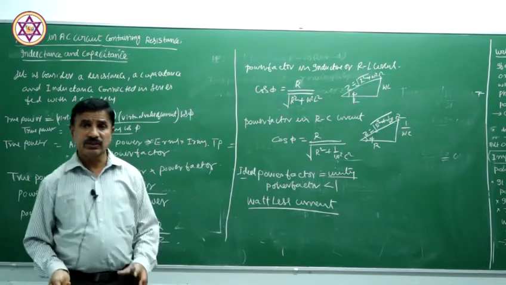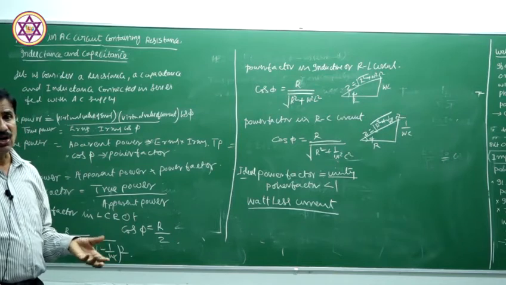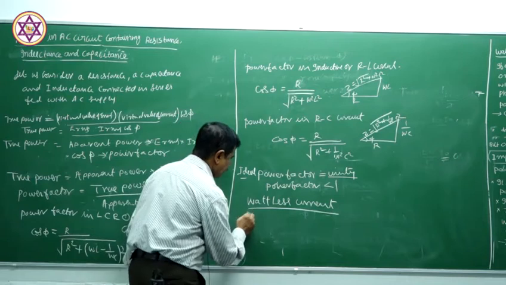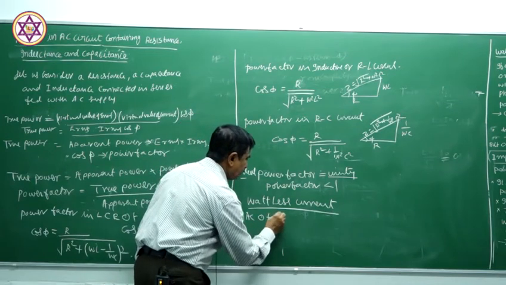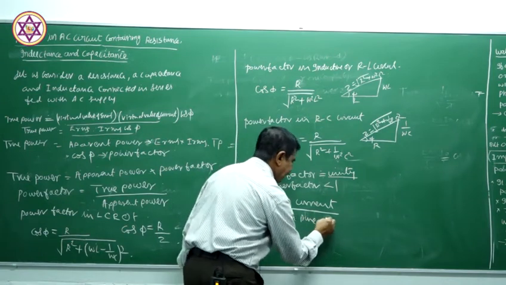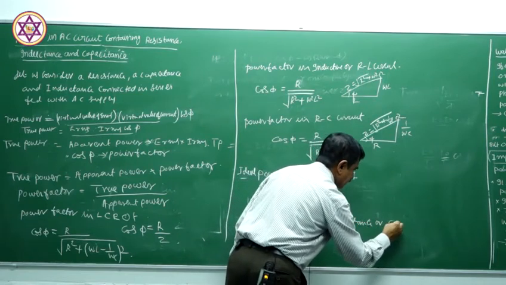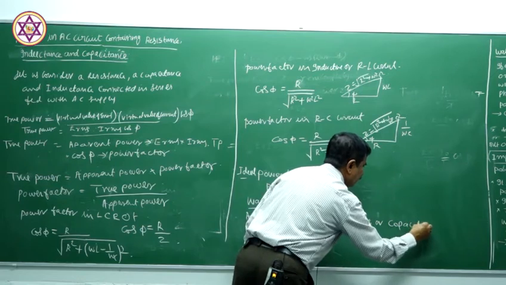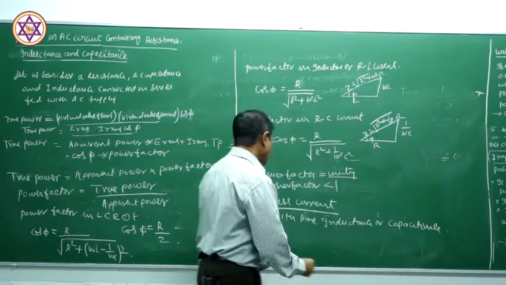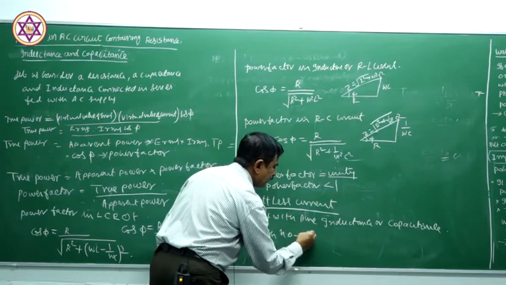So if an AC circuit contains pure inductance or pure capacitance with no ohmic resistance, no ohmic resistance.